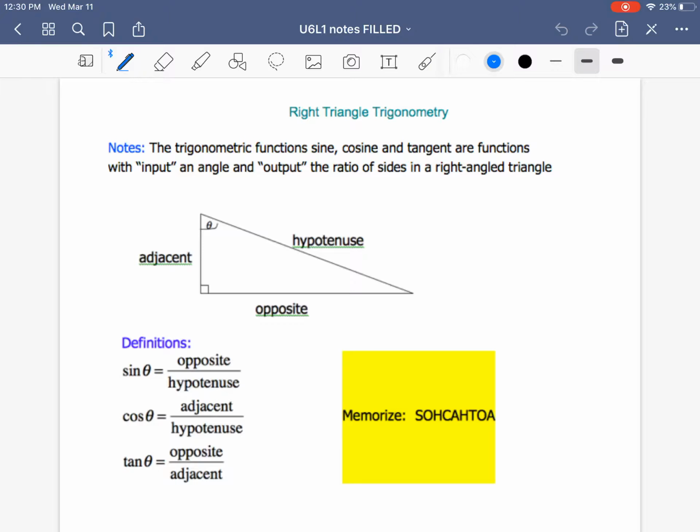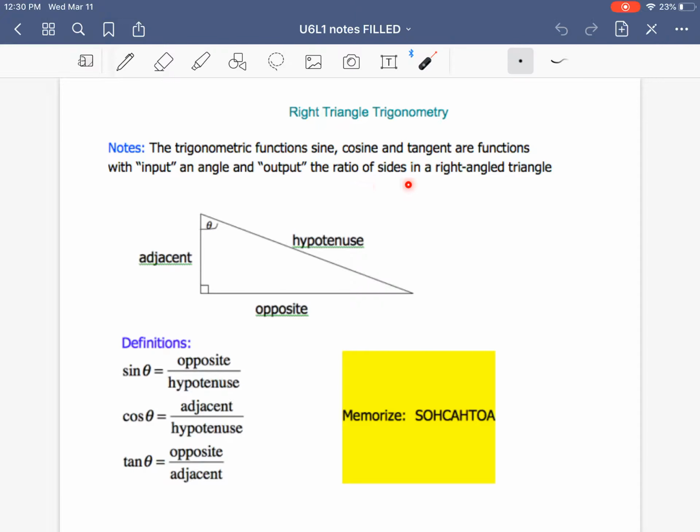So let's get started. The first thing to point out are these three trig functions: sine, cosine, and tangent. Since they're functions, they have an input and an output. The input is always going to be an angle, and the output is actually a ratio of sides.